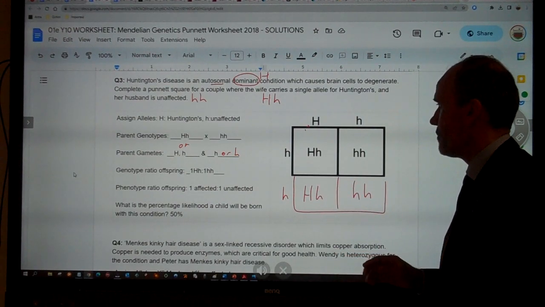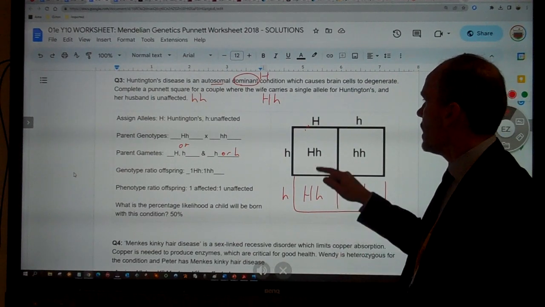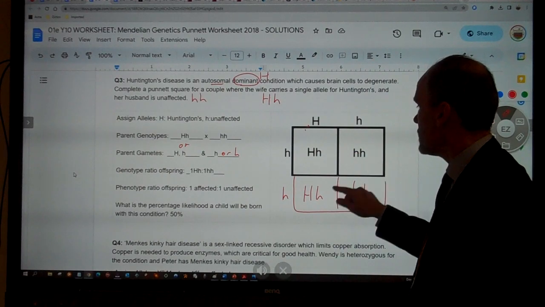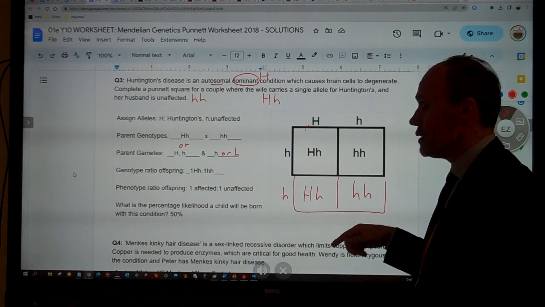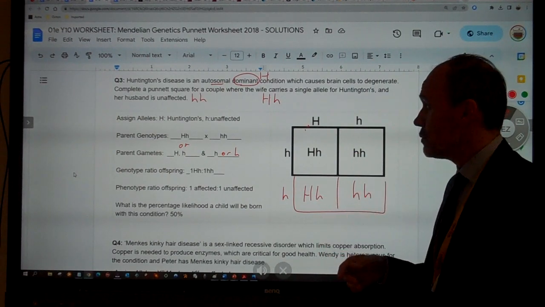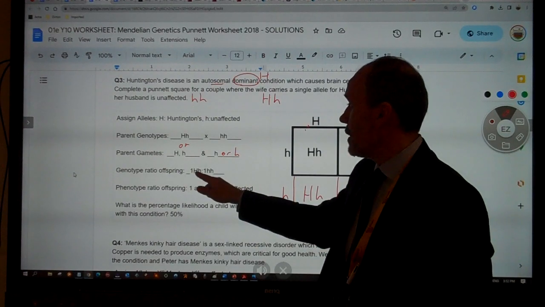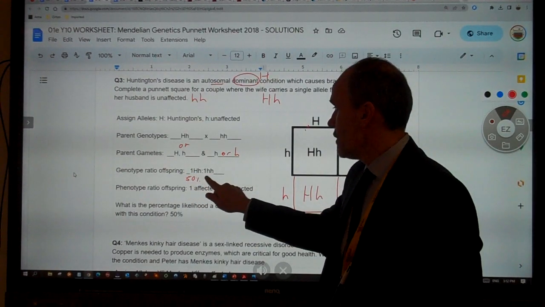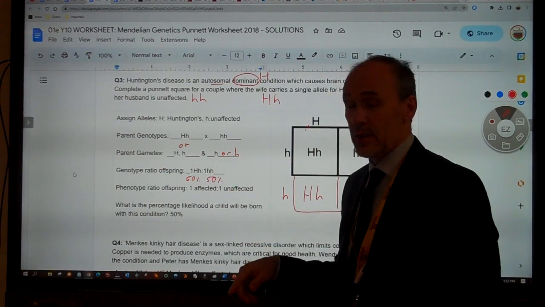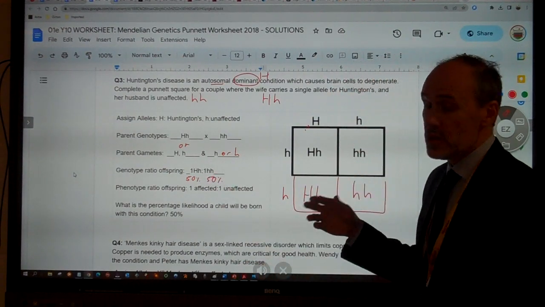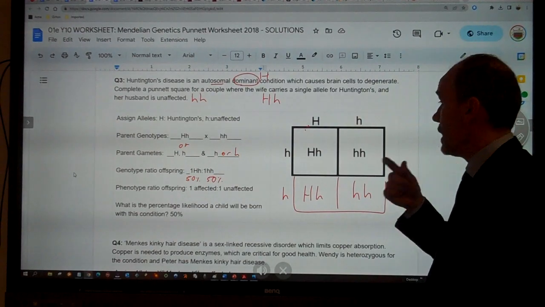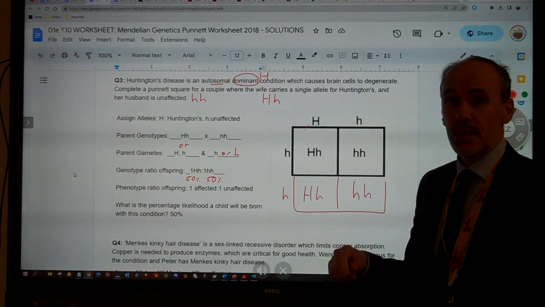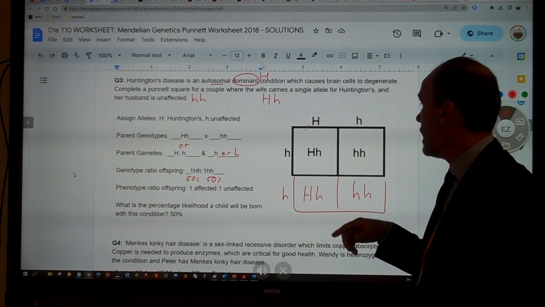Here is the mother, here is the father, big H, little h, and the same down here. So you can see it's a 50-50 split. So for every big H, there's a little h, or you could put 50%, 50%, or you could put half and half. 50% of children will be a carrier, there's no getting around that, and 50% will be unaffected.